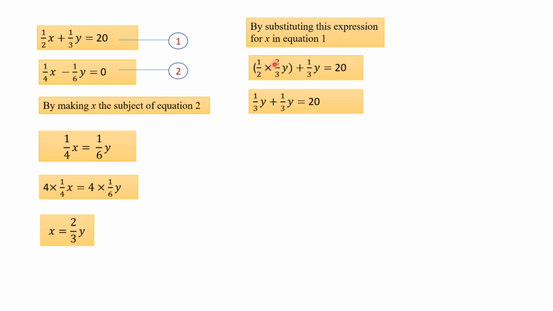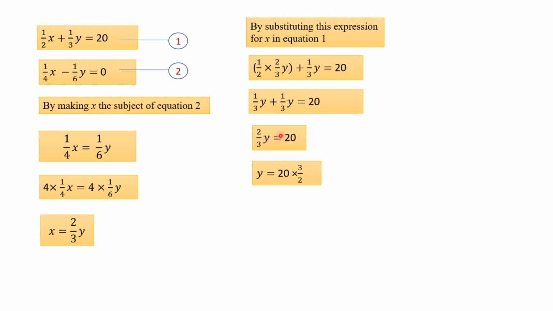This is grade 6 fraction, easy part. Then again grade 7 fraction. 1 and 1 is 2, so you can write 2 over y here. Then this is multiplication, this is division. Division can be replaced by multiplying. You bring these factors to the other side, it comes 3 by 2.